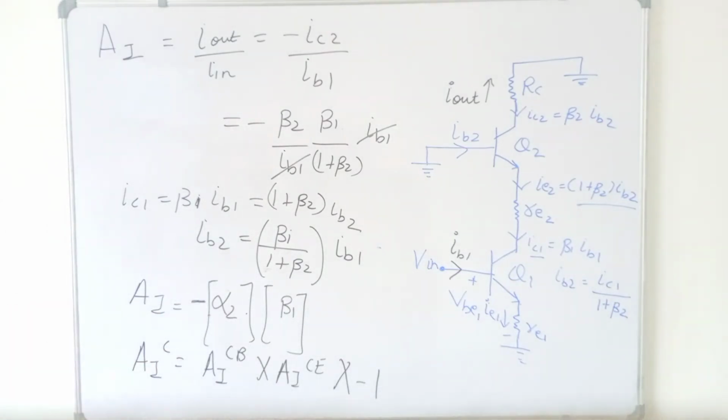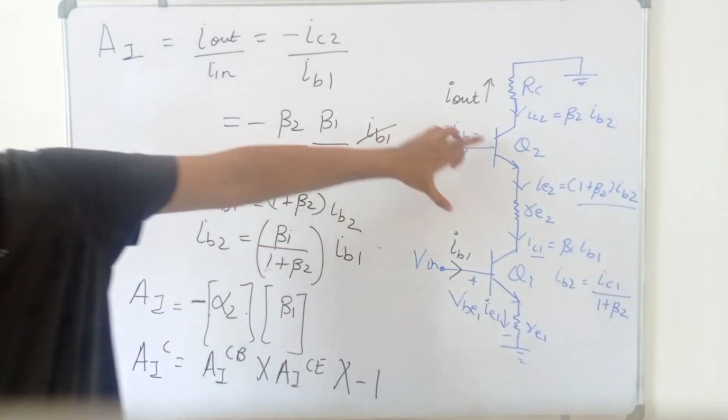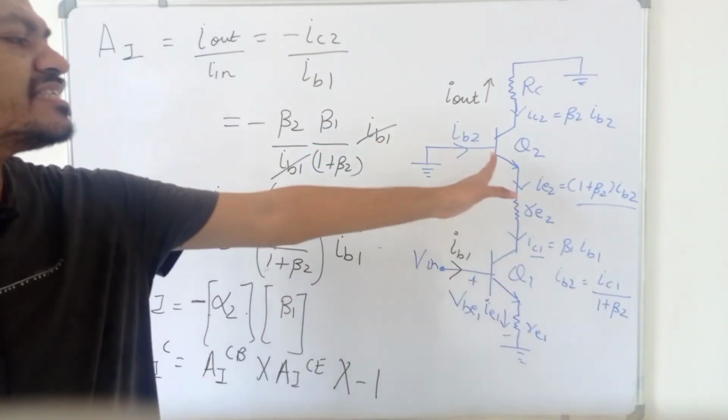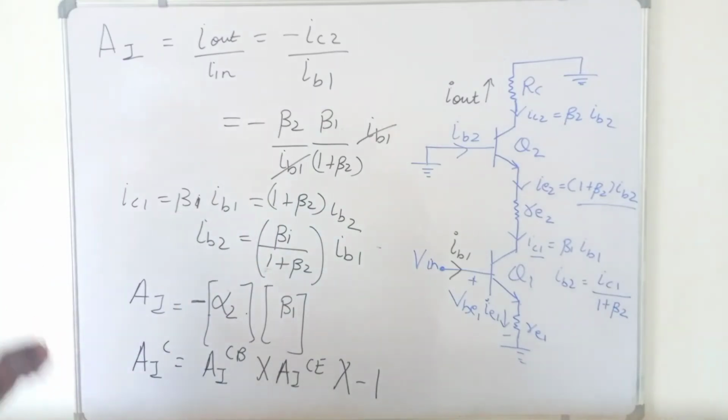So the current gain of the cascode amplifier is equal to the multiplication of the current gains of the common base amplifier and the common emitter amplifier. This is obvious because both the transistors are connected in series, so in series obviously the current gains will multiply.